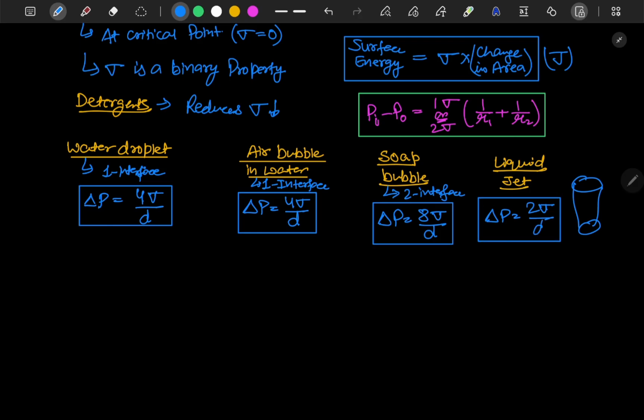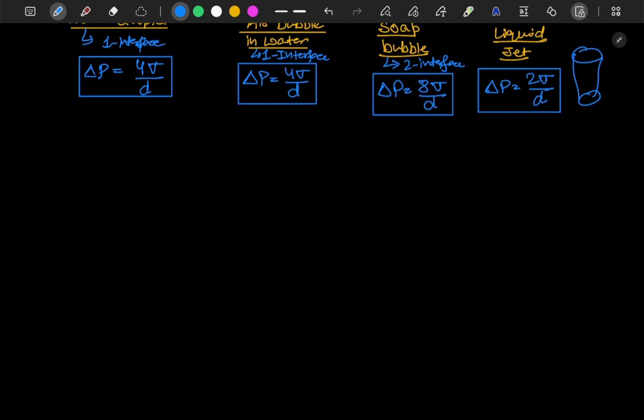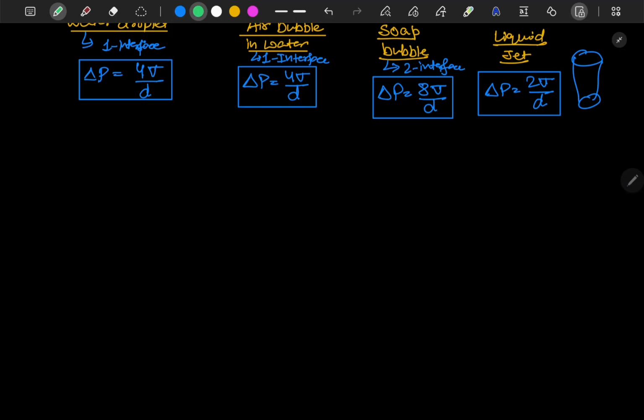2 sigma by d. So these are some applications of surface tension. And now if we talk about capillarity, as I mentioned earlier, if you install a very small diameter tube inside a liquid, then due to surface tension the liquid level will either rise or fall.